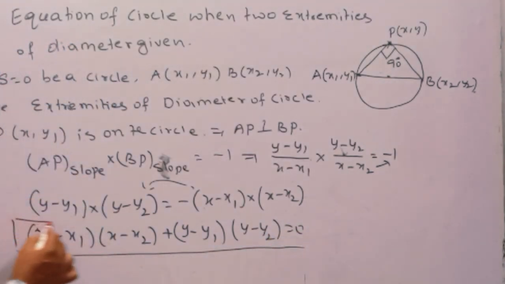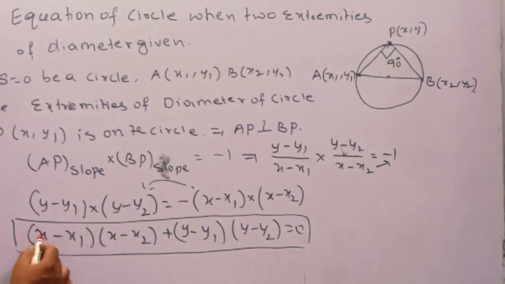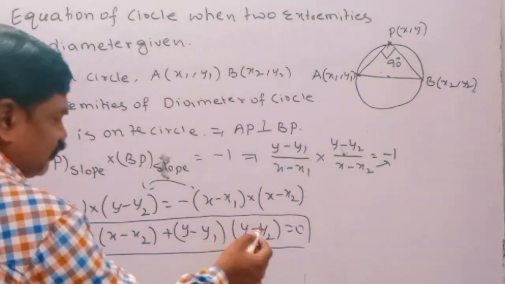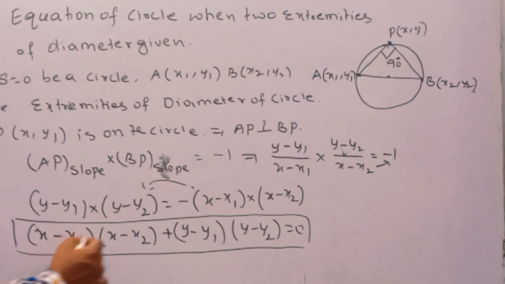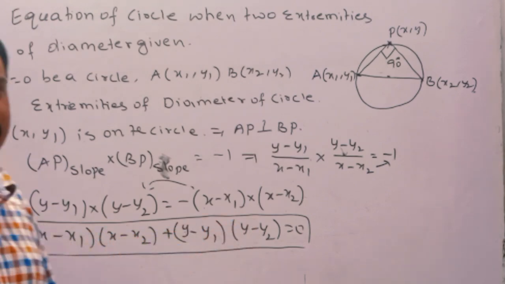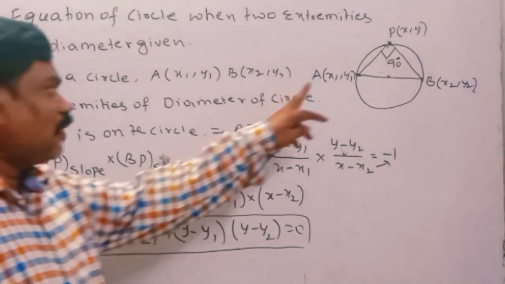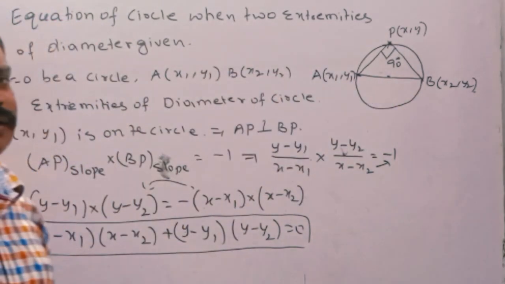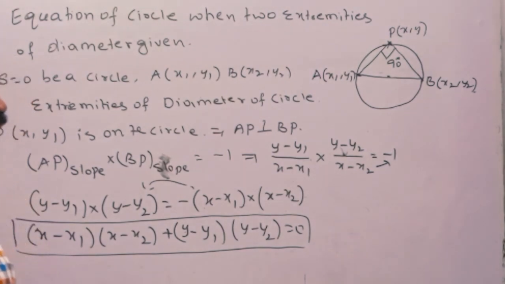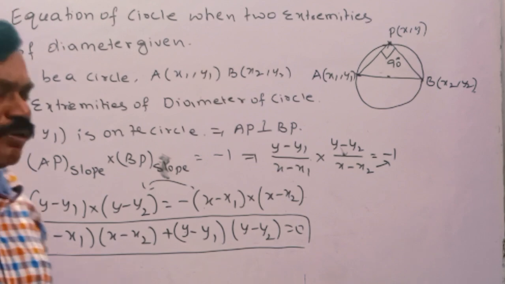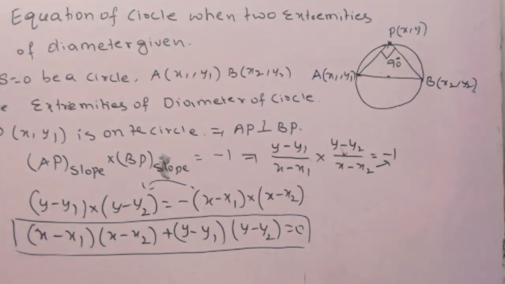This is the circle equation, with x square, x, y square and y coefficients, and x1, y1, x2, y2 forming the constant term. This is the circle equation when A x1 comma y1 and B x2 comma y2 are the two extremities of the diameter of the circle. Okay, all of you, that's all.